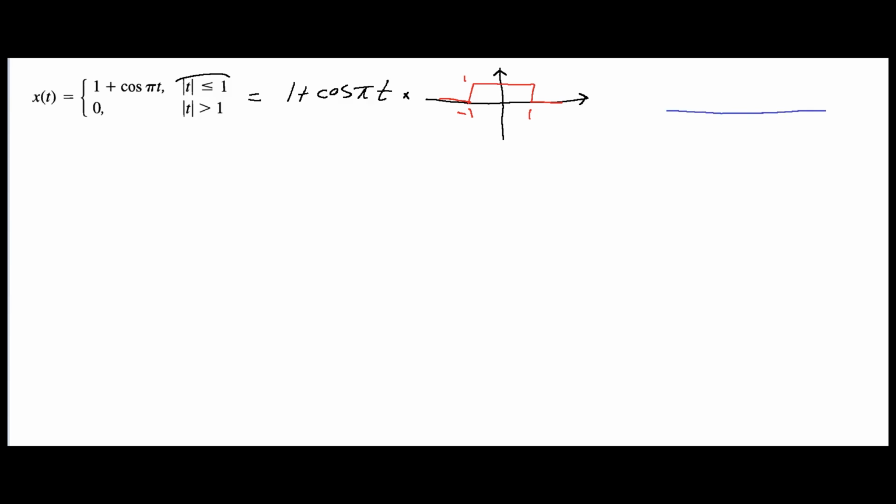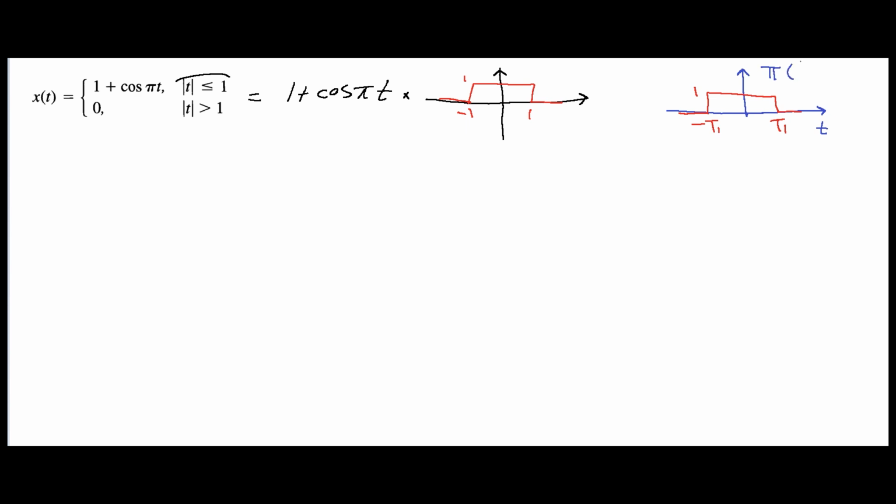Now let's recall an important signal. Suppose we have a rectangular pulse that is equal to 1 between minus t1 and t1 and 0 elsewhere.